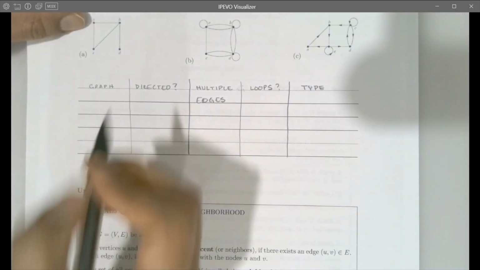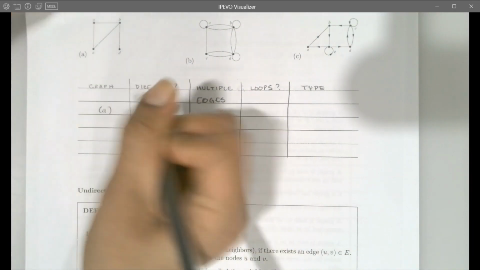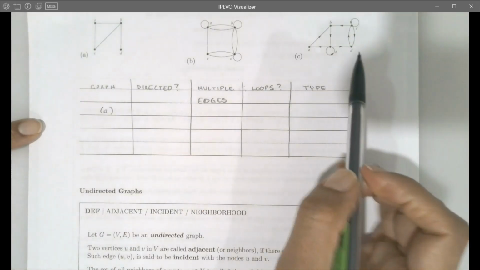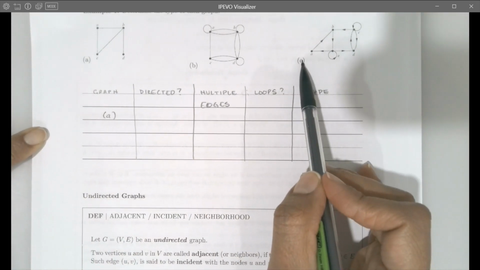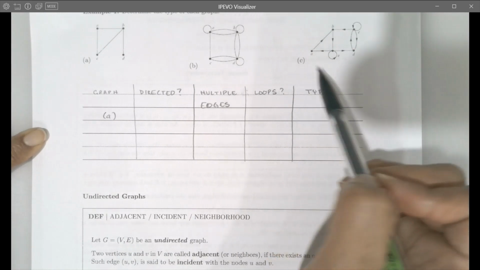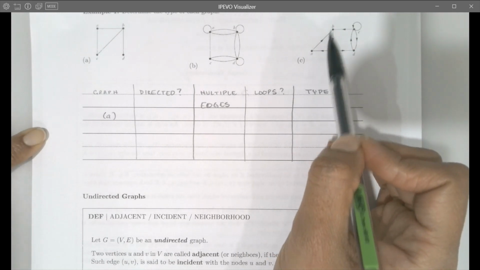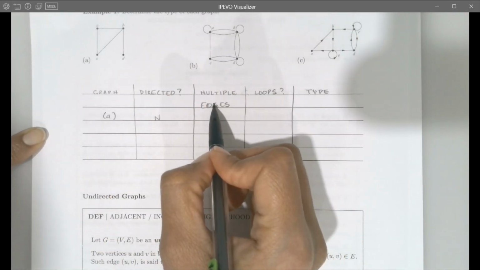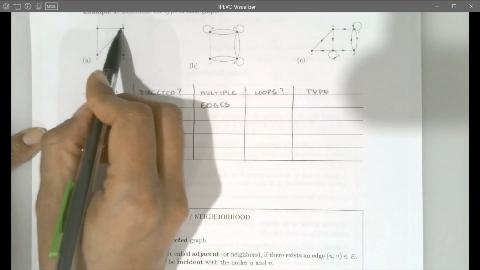Okay, so let's start with graph A. We see that the edges are not directed. Directed edges usually look like graph C, where we have an arrow pointing in the direction in which the edge is oriented. So it's not directed. Does it have multiple edges between any two nodes?